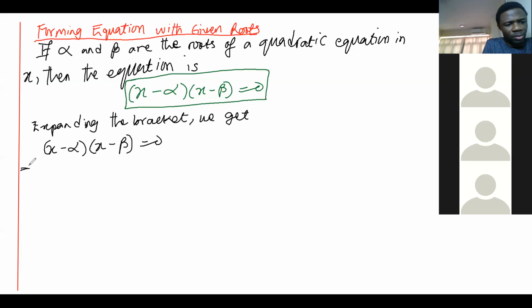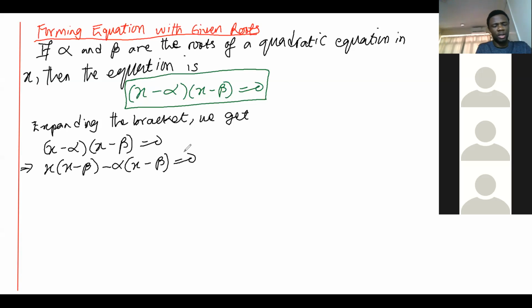So this now implies this x opens this bracket, then the minus alpha also opens the bracket. So this is what I want you to always do. I'm not saying this step, but you should go that way. It's always confusing when people go the other way. So let's do that now.